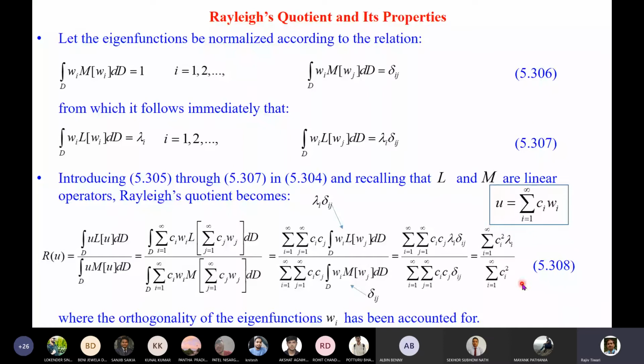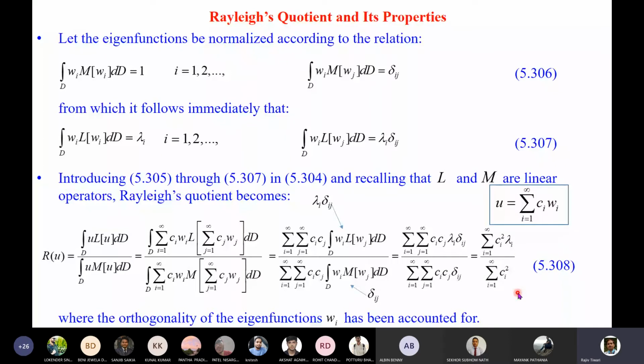So you can see that if we truncate this series up to n, we are approximating the continuous system as a discrete system in some way. So that is the analogy between the continuous system and the discrete system Rayleigh quotient. Here, in getting this, we have applied the orthogonality condition of the eigenfunctions to get this expression.